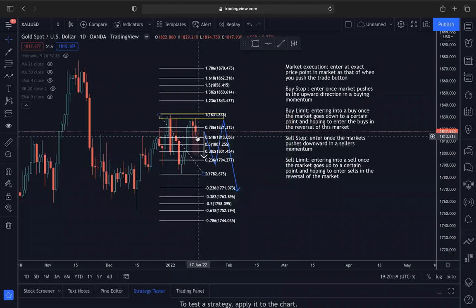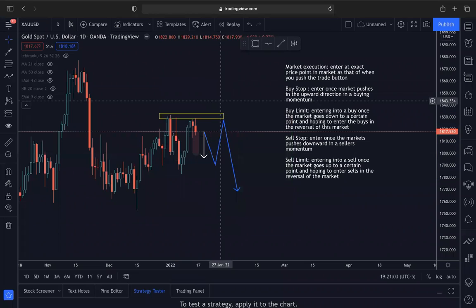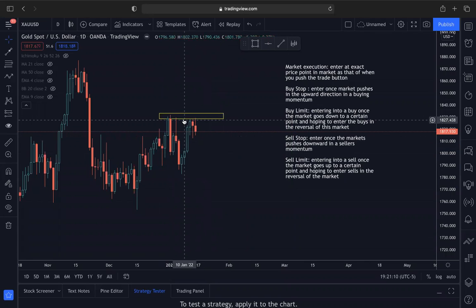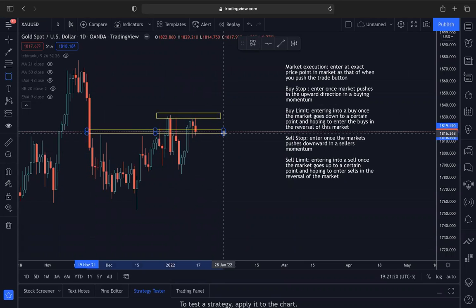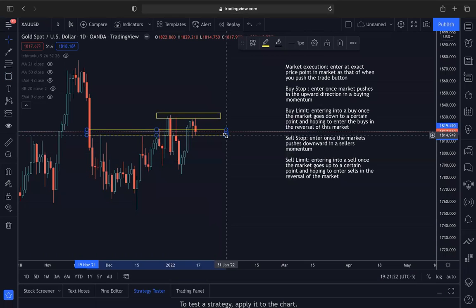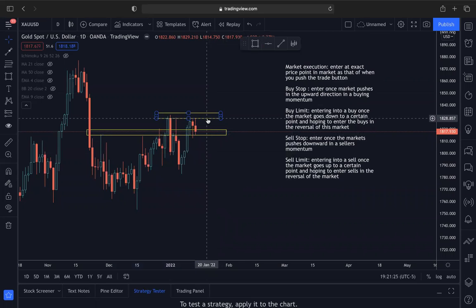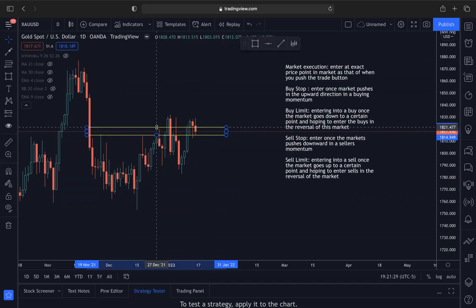All right, now let's look into buy stops and buy limits, which is essentially the same, just on the opposite end of the spectrum, but just so you can get a visual of what those look like. So buy stops. All right, let's say that we're using this area as a potential area of interest.